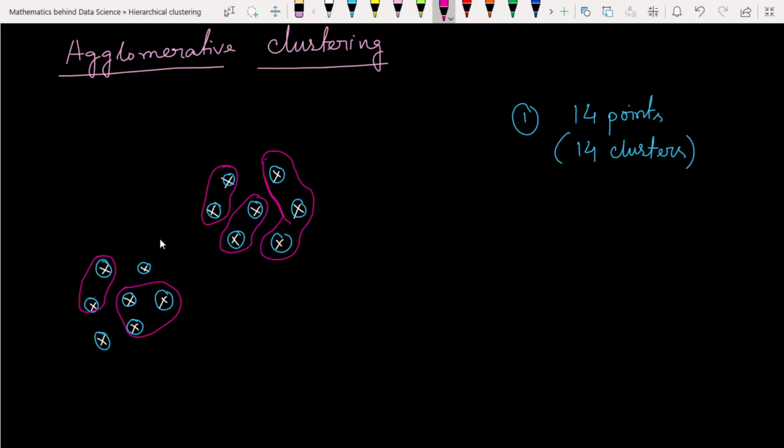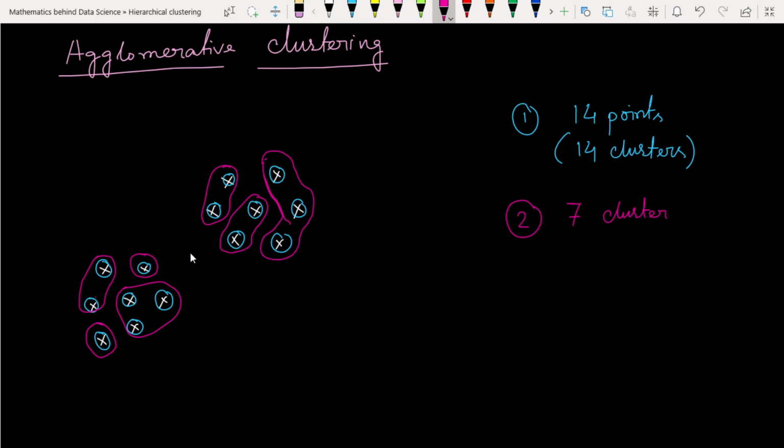So in this second iteration, how many clusters did we get? 1, 2, 3, 4, 5, 6, 7. At this stage we got 7 clusters. There is some mathematics behind it, but just try to understand agglomerative clustering from the geometrical point of view.